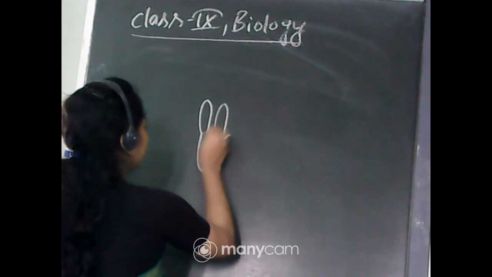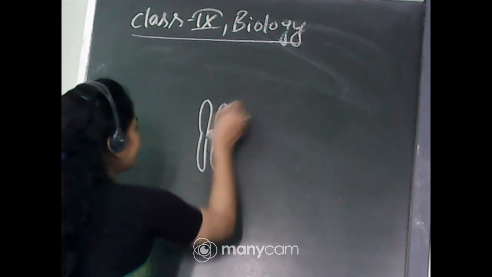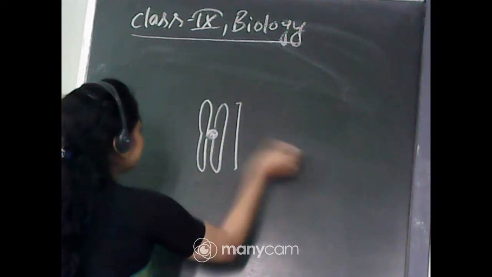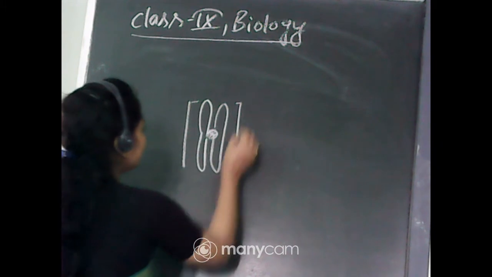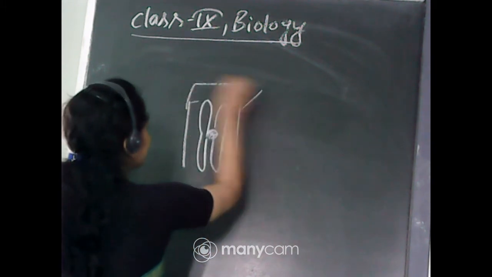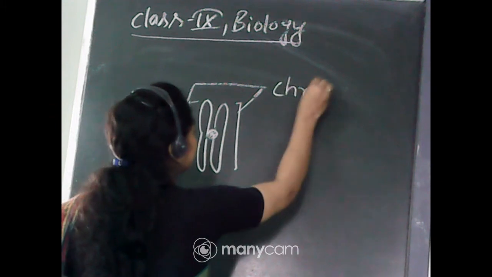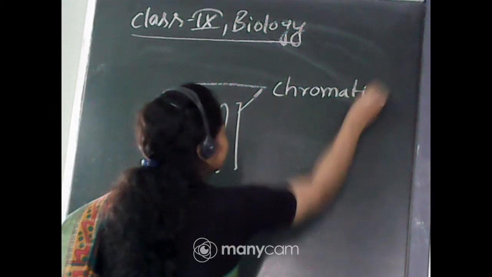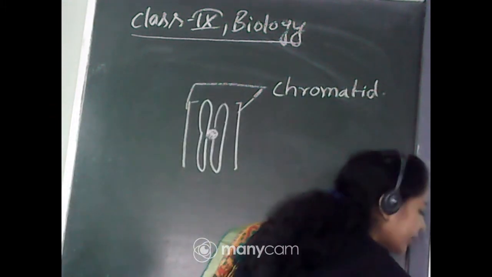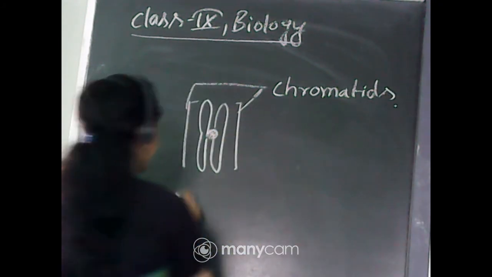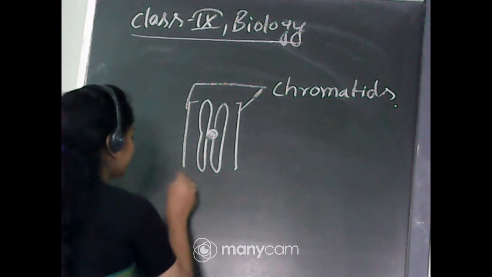These two same threads, on the right side and the left side, are known as chromatids. Two chromatids make up the structure of a chromosome.